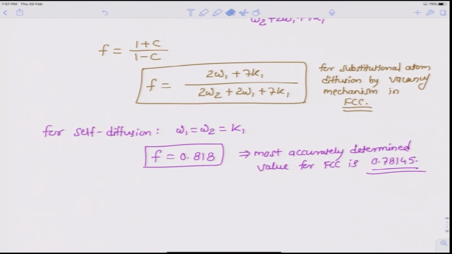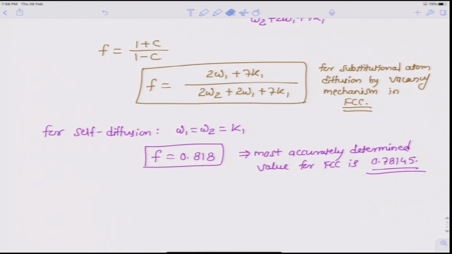Now, there is a difference between the most accurately determined value and the value that we determined here, and this difference is because of our simplistic assumption. We assumed that any vacancy that made a k1 type of jump is permanently lost. We did not consider that vacancy in the correlation effect if it made a k1 type of jump.